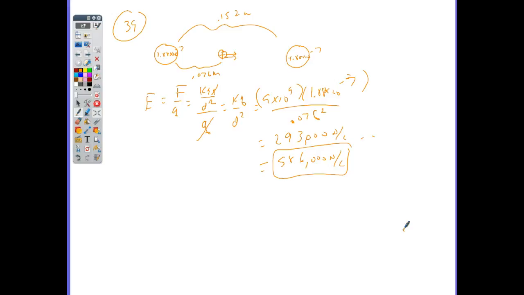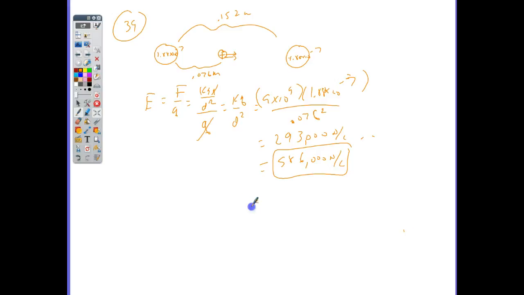It doesn't tell you which one's which, so saying it's negative would still be totally correct. There'd be nothing wrong with that at all. It's a magnitude question. There's no sneaky way you're going to be tested on this. Here's how you do it, and this is really, really important, so listen carefully. It's the direction a positive test charge would go.